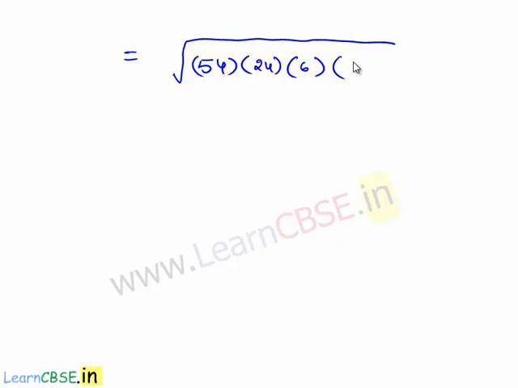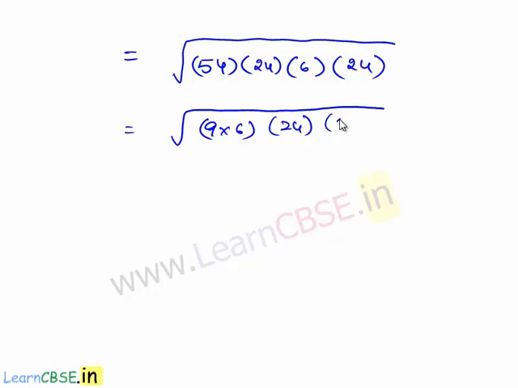So this is equal to square root of 54 times 24 times 6 times 24. 54 can be written as 9 times 6, and 24, 6 and 24 are written as they are. So 6 times 6 is 6 square, 24 times 24 is 24 square, and 9 is 3 times 3, that is 3 square.